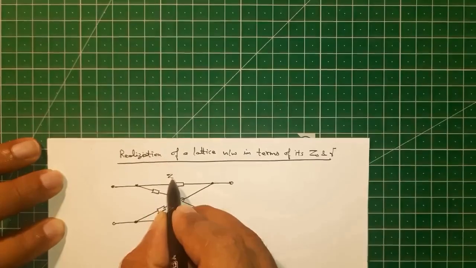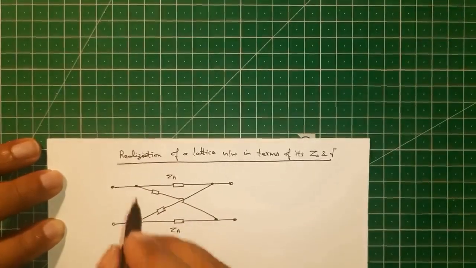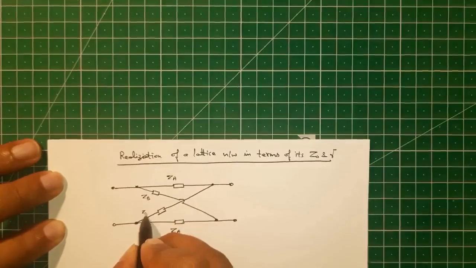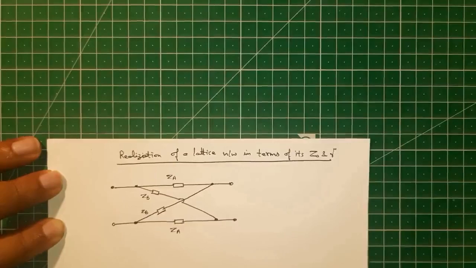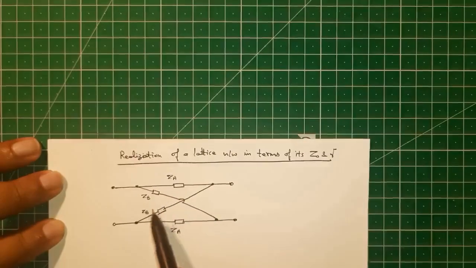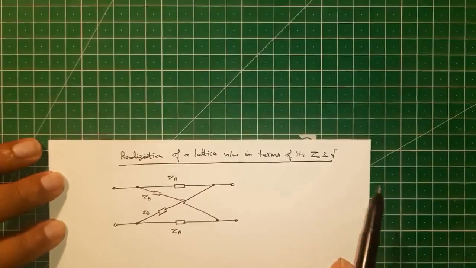The series arm impedance we will label as ZA, the diagonal arm impedances as ZB. So we will try to write expressions for ZA and ZB in terms of Z0 and gamma.